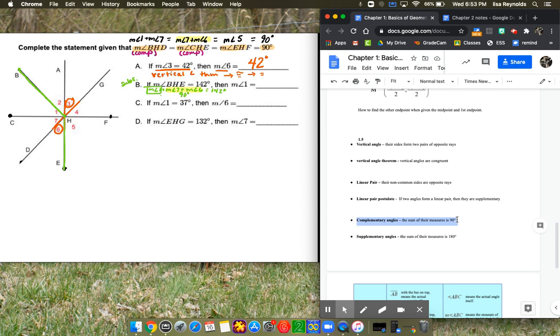So the measure of angle 1 plus 90 degrees is 142, and now it's just a matter of doing subtraction. So 142 minus 90 is going to be 52 degrees. So we use our angle addition and substitution to find that the measure of angle 1 for this situation is 52 degrees.